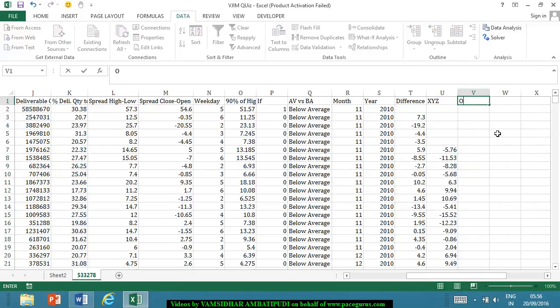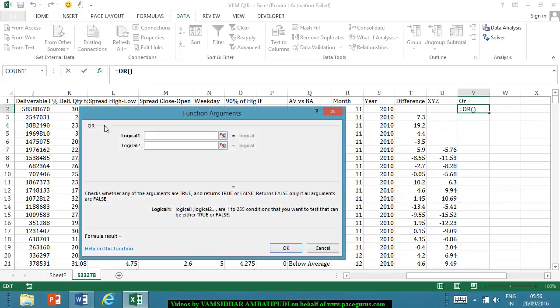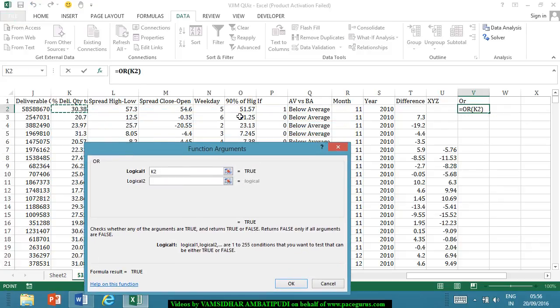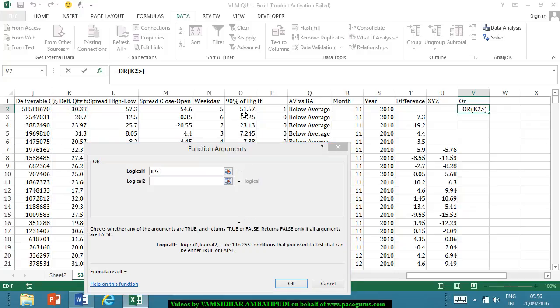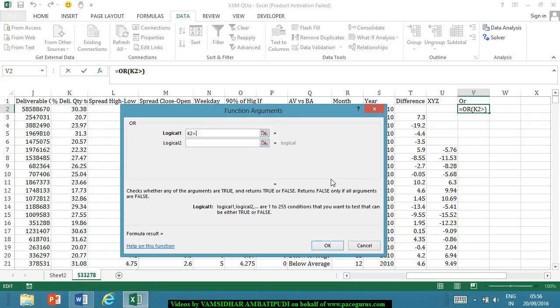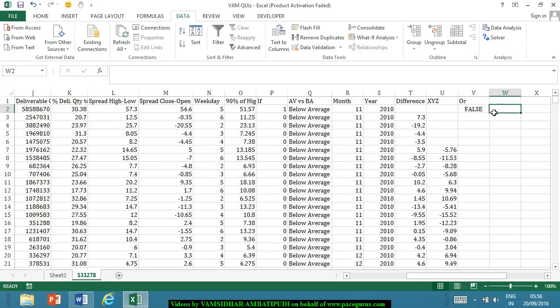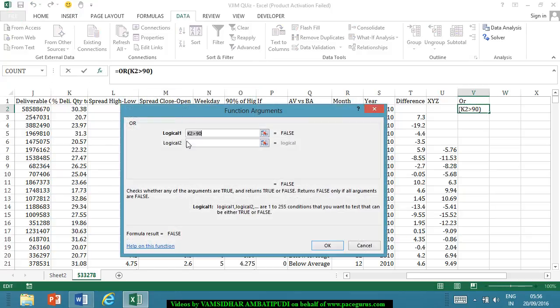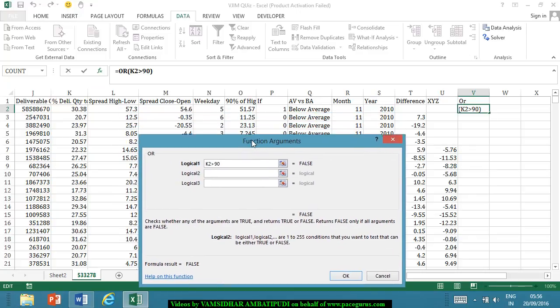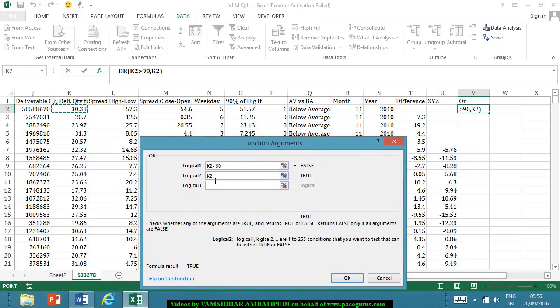So I'll put an OR statement saying percentage delivery is greater than 90%, or percentage delivery is less than 10%.